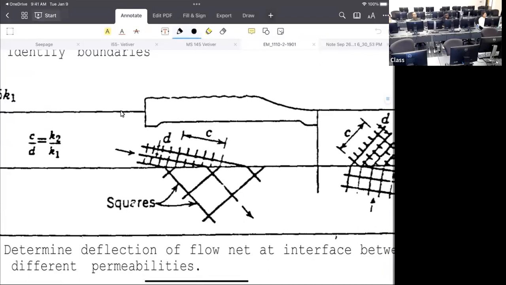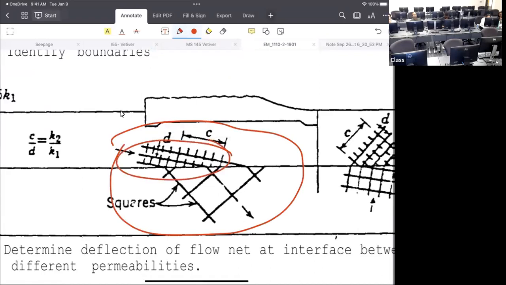Look at this. Here, the number of equipotential lines on the top layer and the bottom layer are different, so your equipotential lines and flow lines are adjusted.